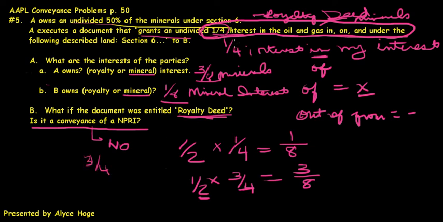If it says 1/4 interest in my interest, then in that case, it's going to be 1/2 of 1/4, leaving the person that conveyed it with 1/2 of 3/4. So be very aware, are we saying just a 1/4 interest, or a 1/4 interest in my interest, or a 1/4 interest of my interest? Very important distinction. Okay, and next we'll cover number 6.